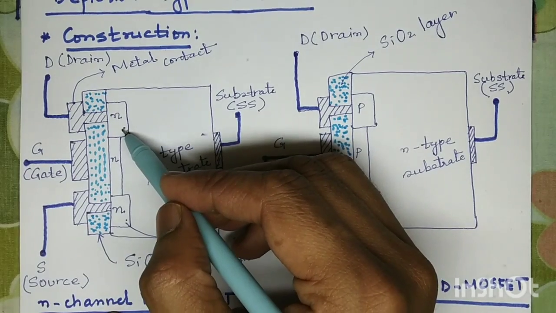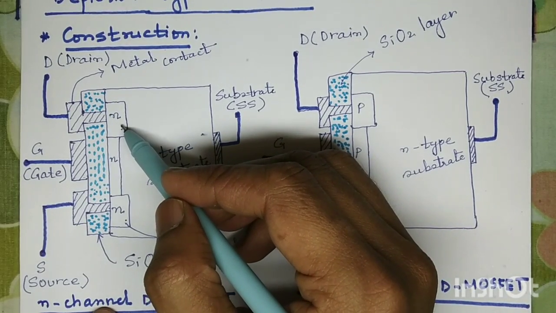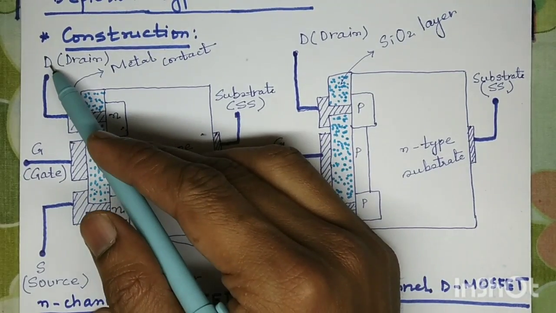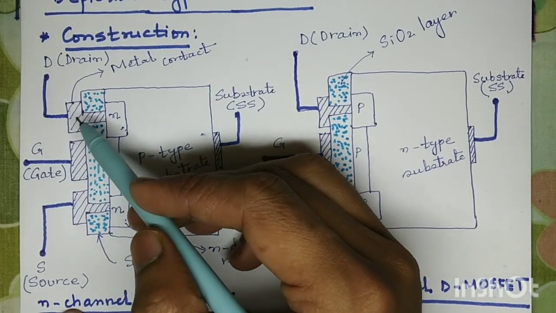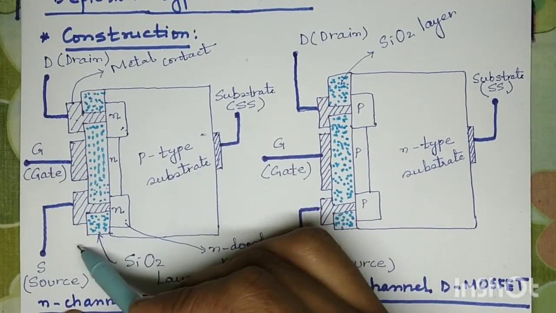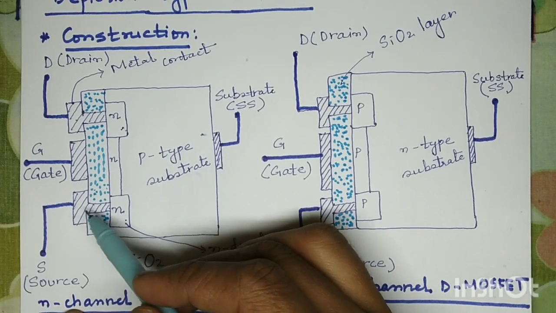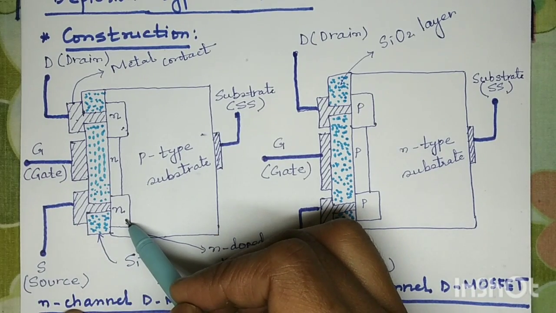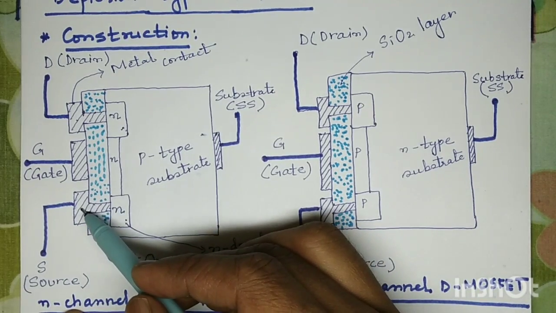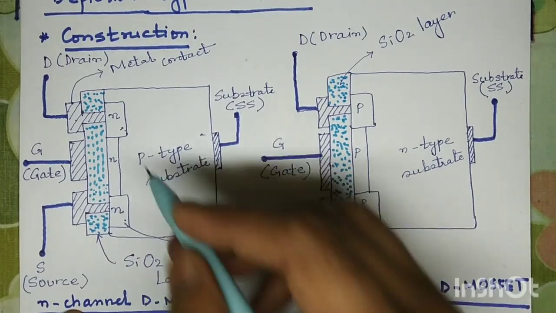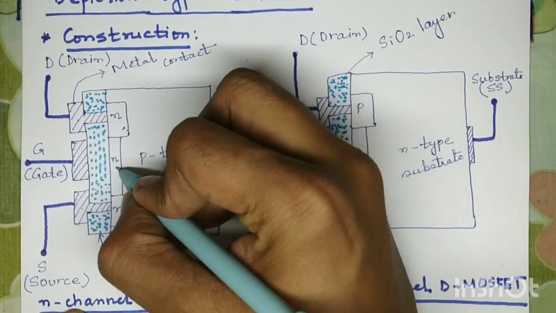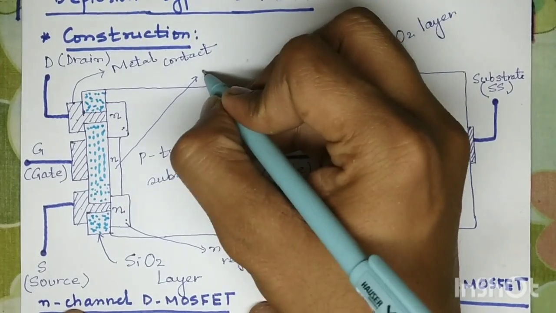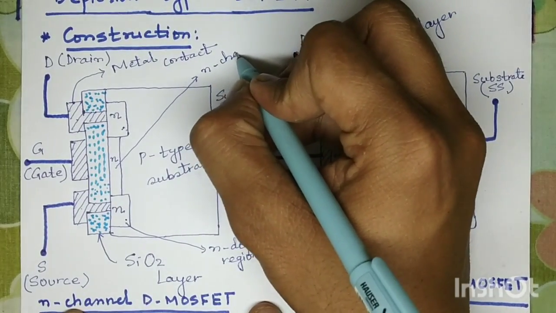Let us consider this n-doped region. It is connected to the drain terminal through this metallic contact. Similarly, the source terminal is connected to an n-doped region through an ohmic contact. This middle n region is called the channel region, and we can write it as n-channel.